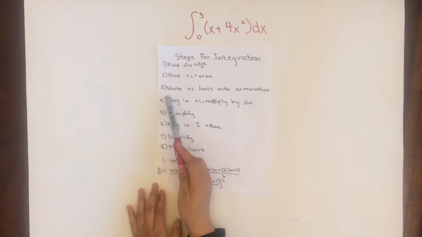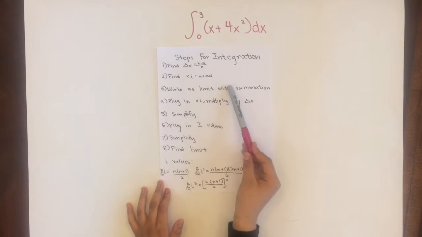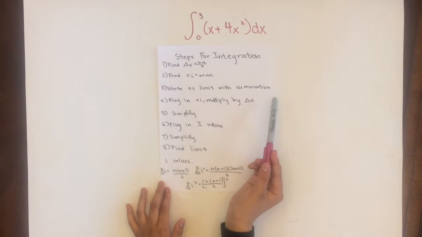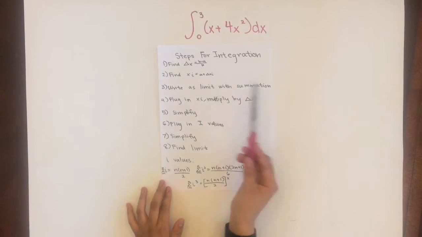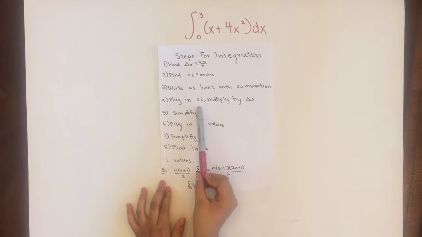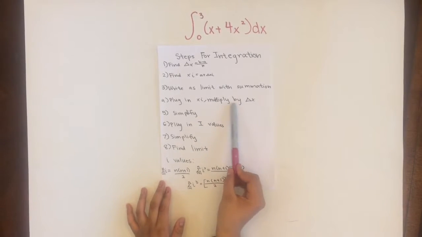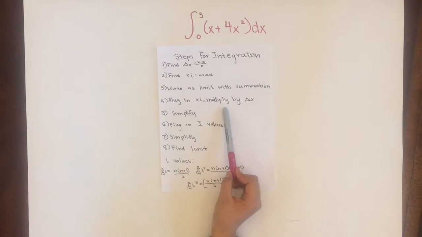And then the third step is to write everything as a limit with the summation notation, and you will also see that in a few moments when we actually try doing an example of the problem. Then we need to plug in xi for every time that there is an x and multiply everything by delta x.